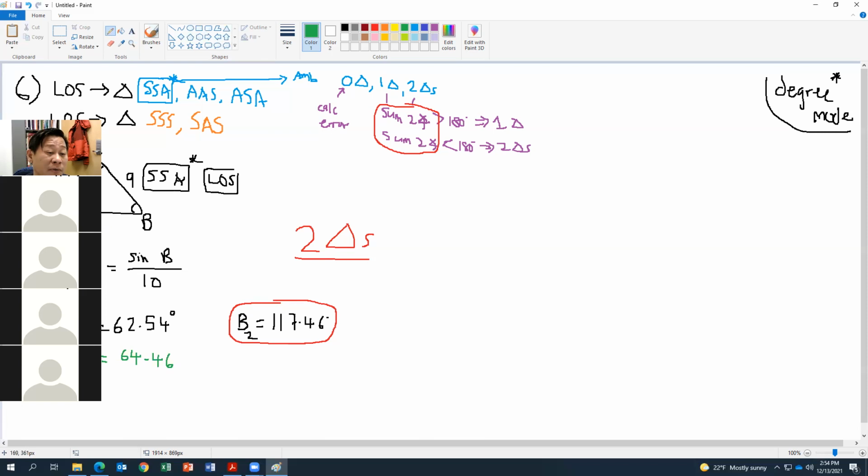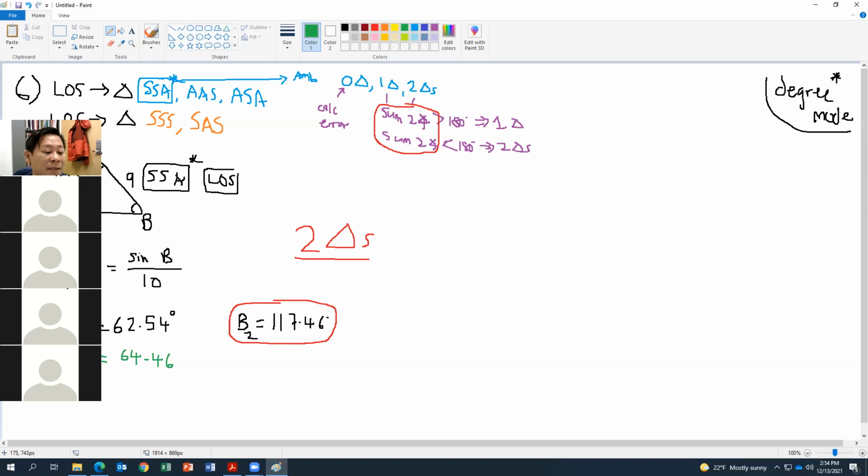In order to find side C1, can you use Pythagorean here? No. Again, it's not a right triangle, it's an oblique triangle. So you still have to use the law of sines. Now, do not forget, if I want you to find angles, the sine was on top. But if I want you to find the side, then the numbers switch around.